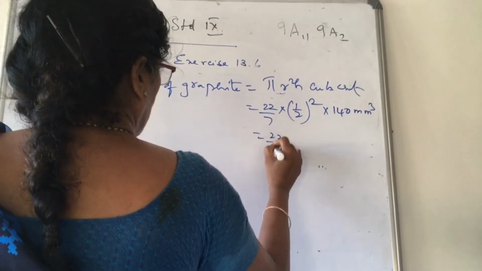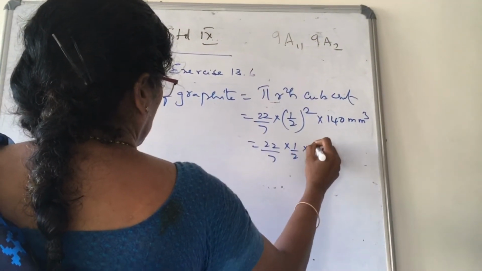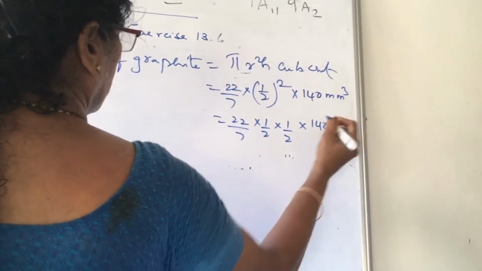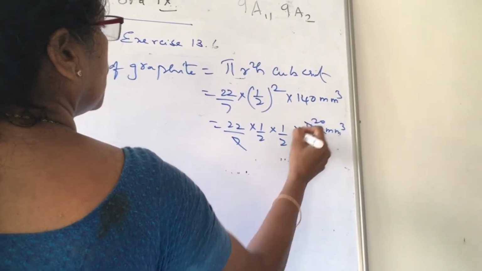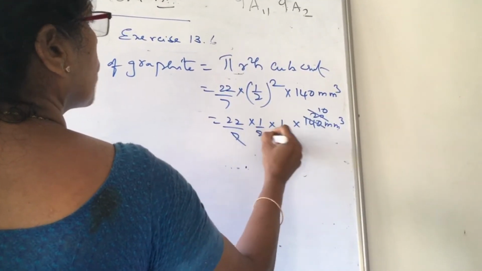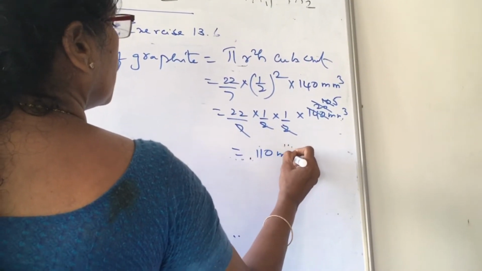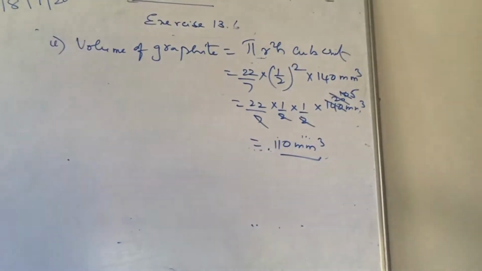Square means how many times? 1 by 2 into 1 by 2 into 140. 7 goes 20 times, 10 times, 2 goes 5 times, 110 millimeters cube is the volume of the graphite.